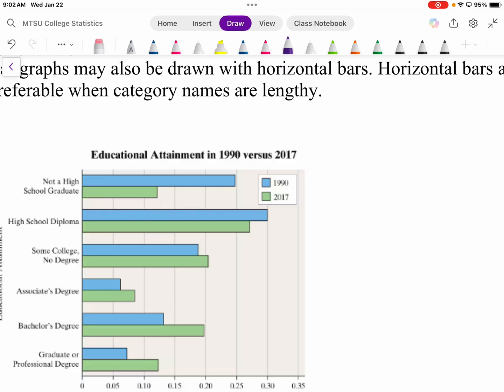It also had a higher proportion that did have a high school diploma compared to 2017. We can notice in 2017 there were a lot more bachelor degrees earned compared to 1990. Same thing for graduate or professional degrees. There was a greater proportion of those degrees obtained in 2017 compared to the group from 1990.